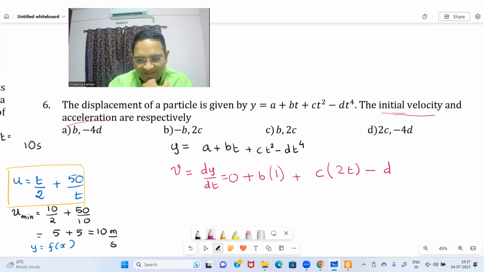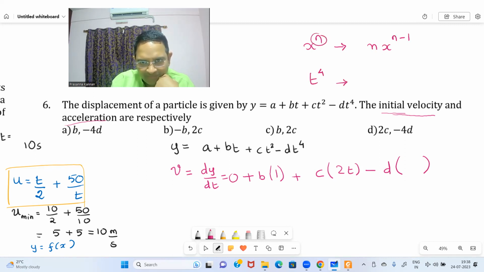d is a constant, keep it as it is. What is the differentiation of t power 4? What is the differentiation of x power n? What is n here? 4.